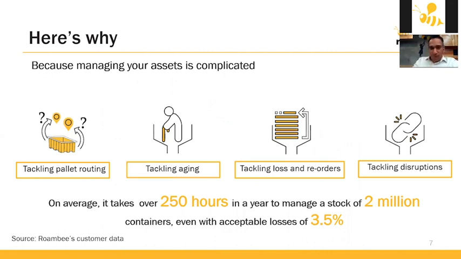So what are the major challenges when it comes to monitoring these returnable assets? Or what are the challenges that a team of supply chain specialists face when it comes to efficiently managing these returnable assets? One off the top is, how do I route my assets?